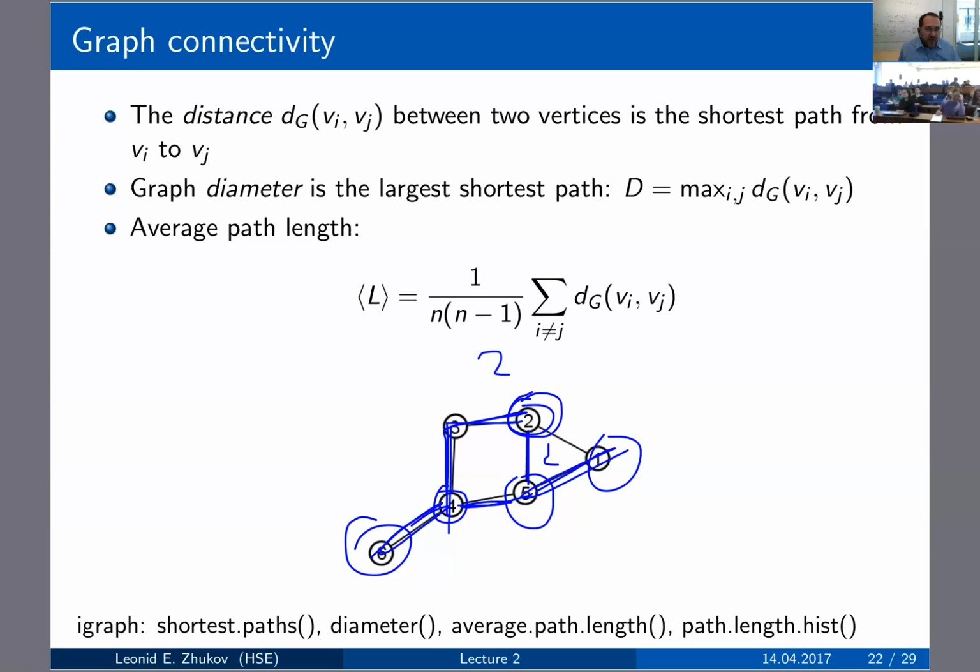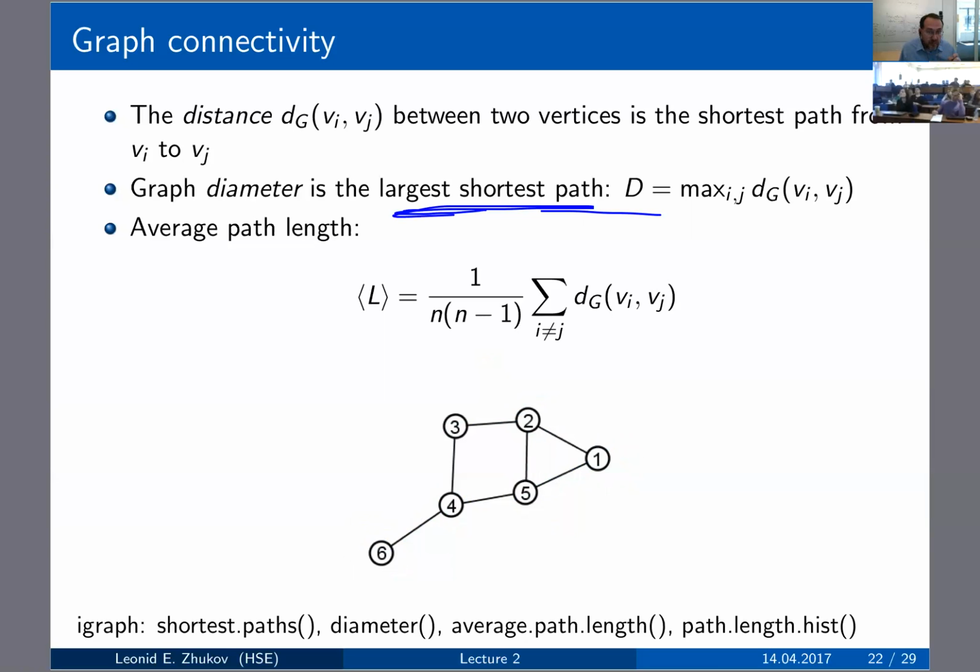Now, a graph can be characterized by either diameter or average path length. So diameter is the maximum, the largest possible shortest path. Now, looking at this graph, what is the diameter of this graph? So it will be the longest shortest path. 1, 2, 3, 4, 6.